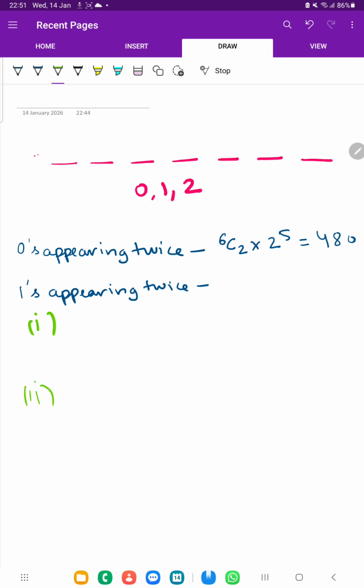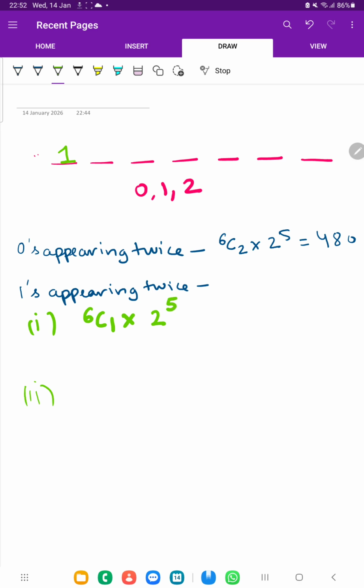First, if 1 is appearing here, like 1 is at this place, then in the remaining 6 there will be one place where 1 will be appearing. So we can choose 6C1, into, from the rest of the 5 places there will be two possibilities, either 0 or 2. So 2 to the power 5.